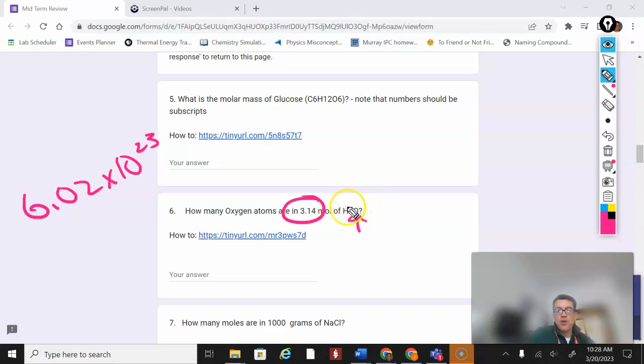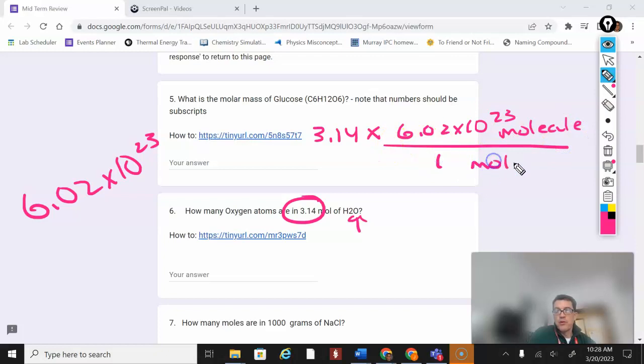So if I know how many waters I've got, I also know how many oxygens I've got. So basically, I just need to take 3.14, and I'm going to multiply that times Avogadro's number, because this is how many molecules are in 1 mole.